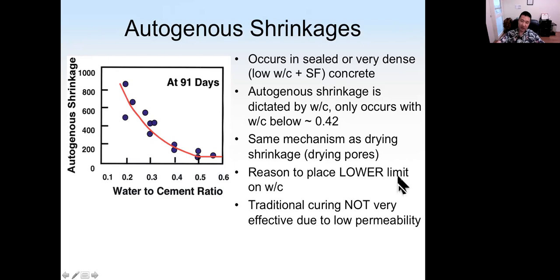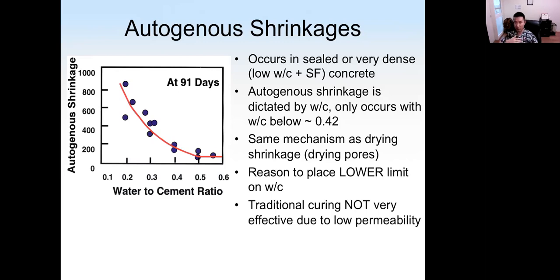And autogenous shrinkage is the reason we put a lower limit on water to cement ratio, because the lower the water to cement ratio, the higher the autogenous shrinkage. So when you design high strength concrete, for example, you should be very careful about how much autogenous shrinkage the concrete will have.